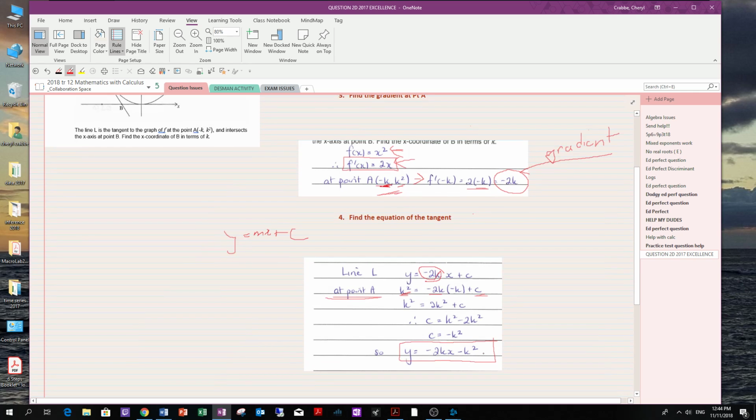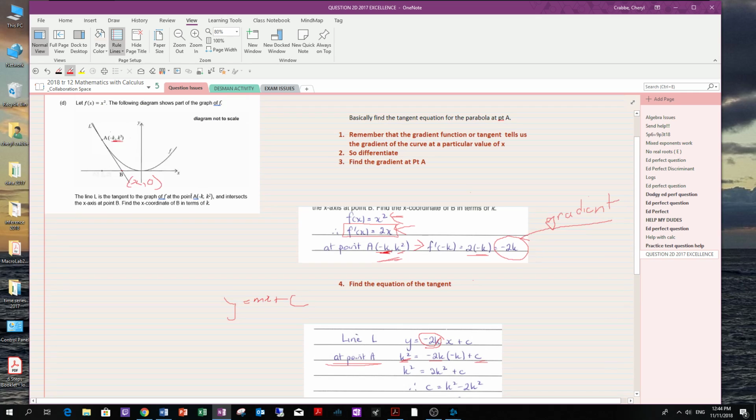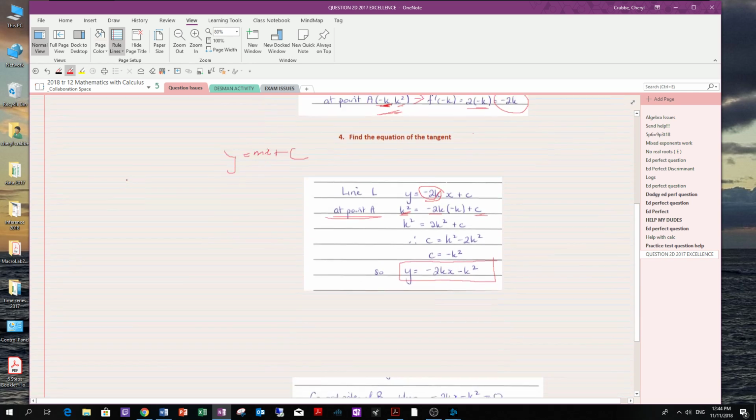Now, that doesn't give us the coordinate point, which is basically some value of x0. But it doesn't matter, because we know that to find the coordinate of B, we just make the line equal to 0 and solve. So we can find that x-intercept, basically.